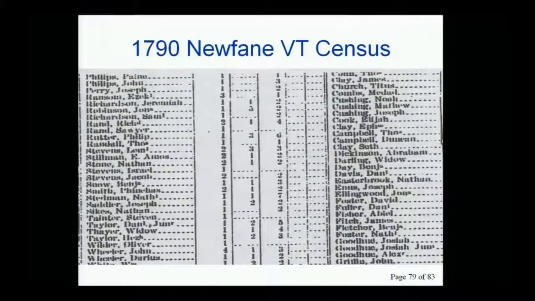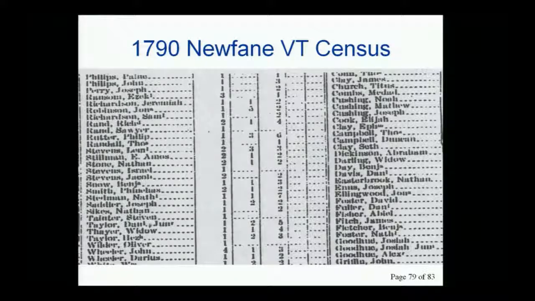Slide 79, I went back to 1790 in Newfane, Vermont, and I looked to see if there were any Rudder, R-U-D-D or R-U-T-T-E-Rs, in Newfane, Vermont, and lo and behold, there was a Philip Rudder, and there he is.